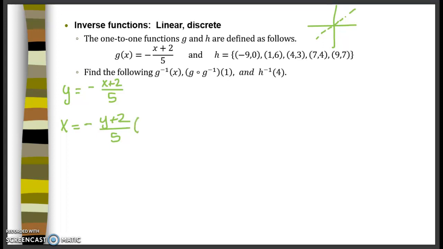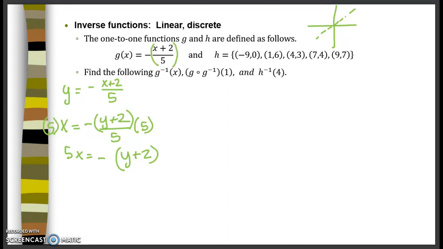So let's multiply by 5 on both sides. Get 5x equals negative y plus 2. But that negative was attached to this entire fraction.